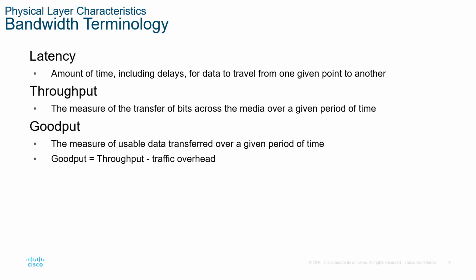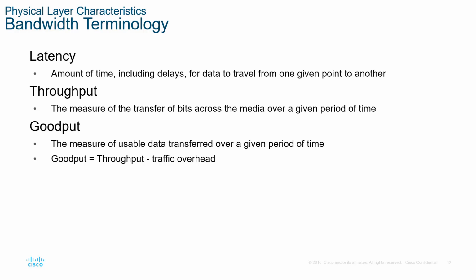When we talk specific bandwidth, we have to understand certain terminology. Latency, that's delay. That's typically the amount of time that it takes to send a signal, including that delay. Throughput is the other form of actual measurement of data flowing through a wire. Throughput is the actual measure of bits being transferred.